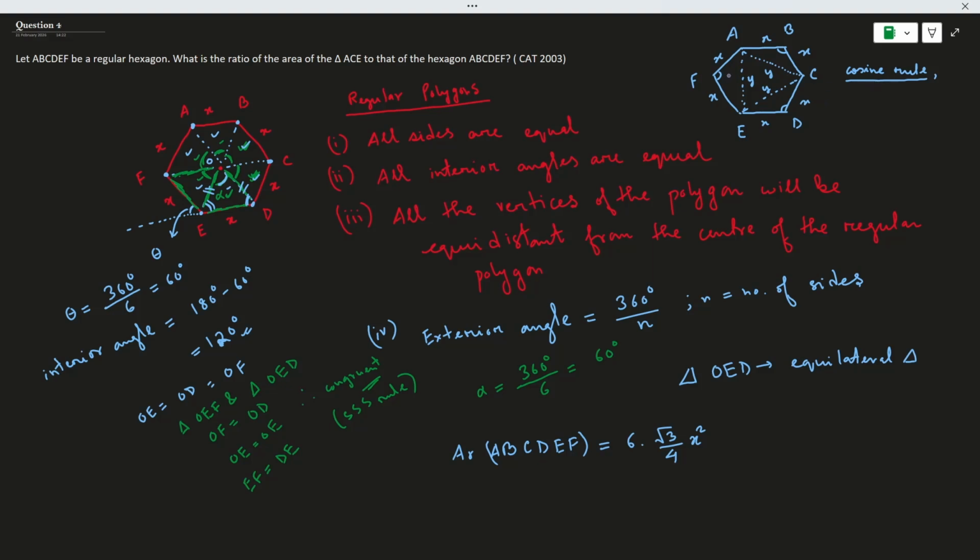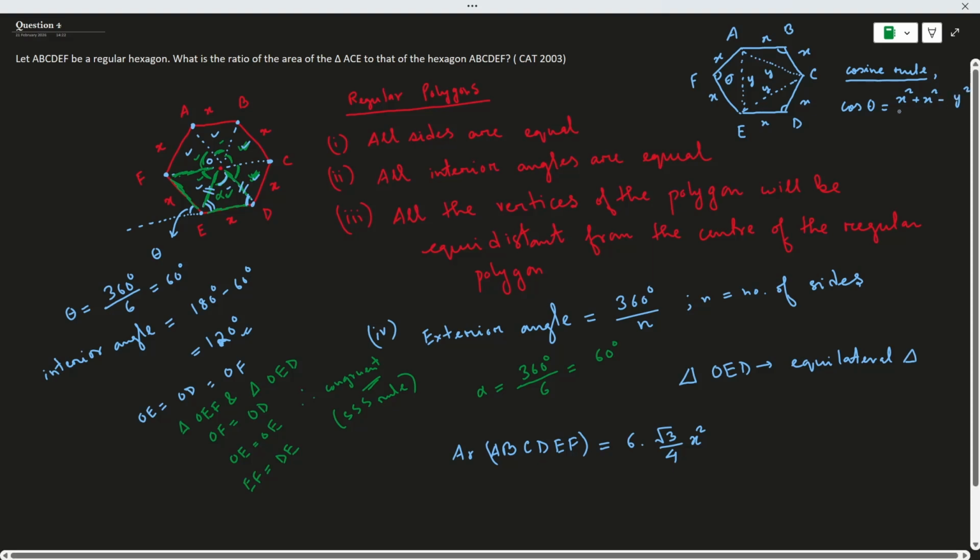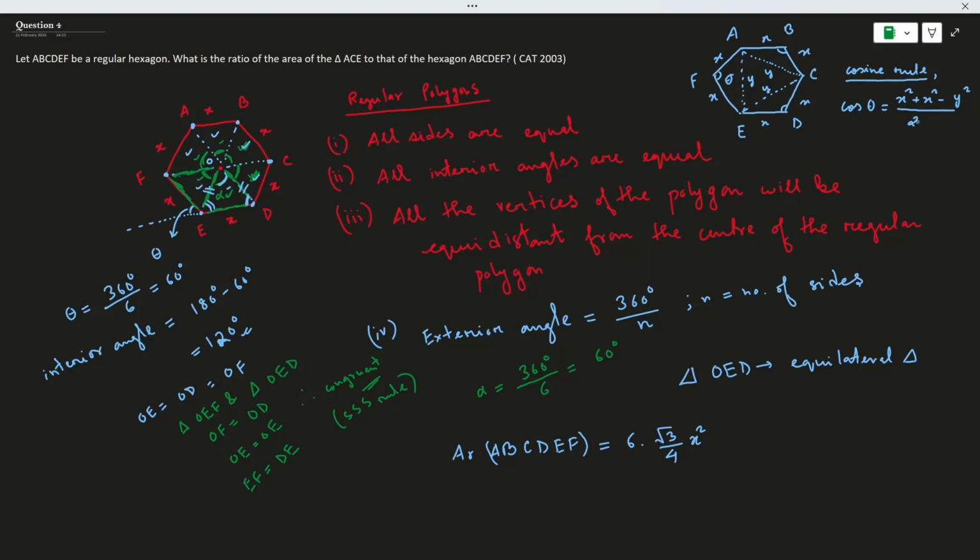What does this rule say? This is theta. Cos theta is equal to the summation of the squares of the adjacent sides minus y square, divided by 2 times the product of the adjacent sides. Now what is theta?